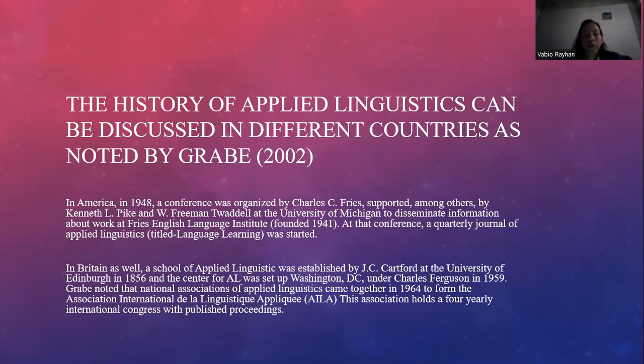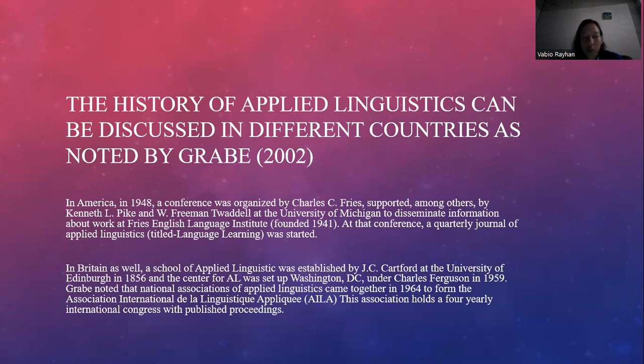In America, in 1948, a conference was organized by Charles C. Fries, supported among others by Kenneth L. Pike and W. Freeman Twaddell at the University of Michigan to disseminate information about work at Fries's English Language Institute begun in 1941. At that conference, a quarterly journal of applied linguistics titled Language Learning was started.